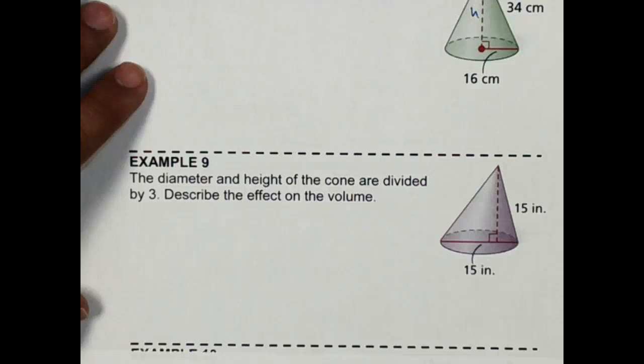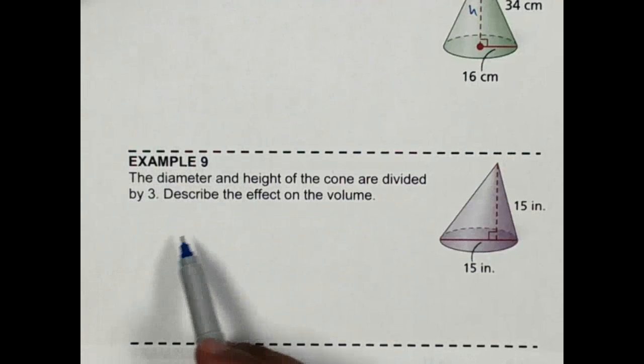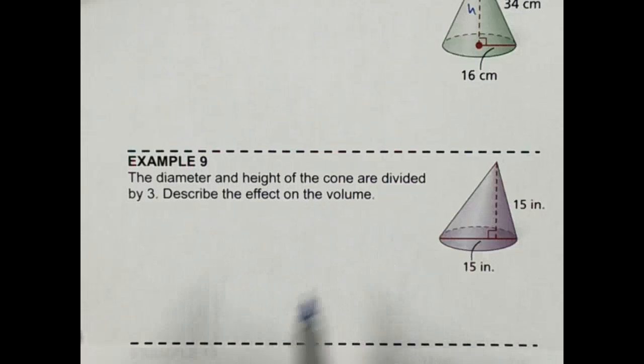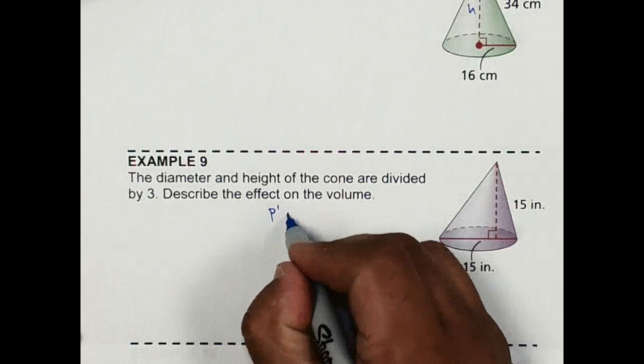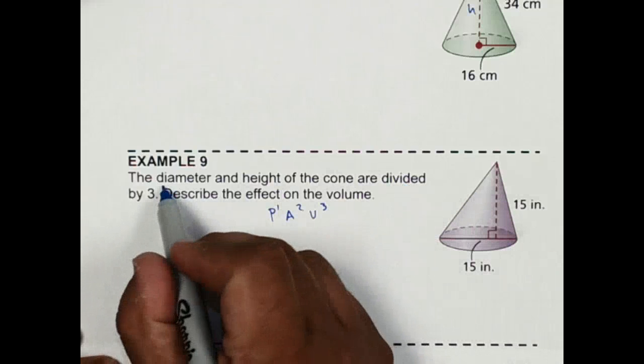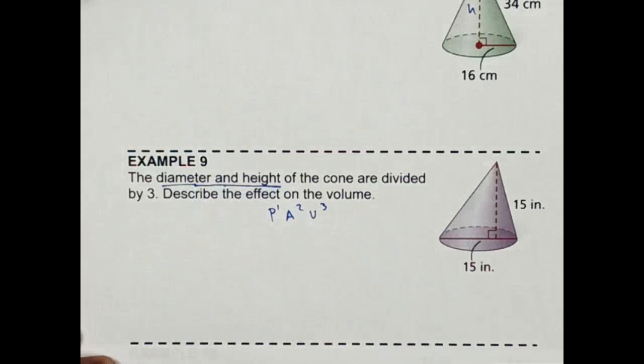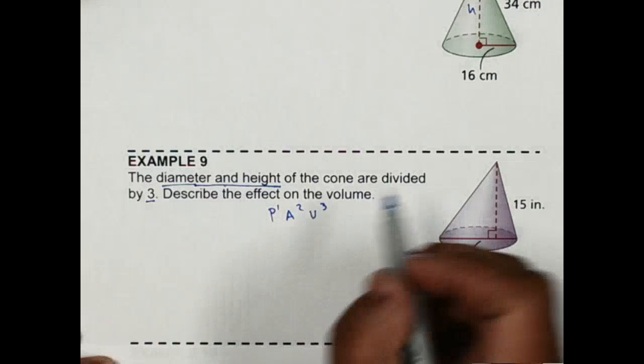Number 9. It says the diameter and height of a cone are divided by 3. Describe the effect on the volume. So remember that perimeter is to the first power, area is squared, volume is cubed. Any change I make to all the dimensions, I have to cube that change.